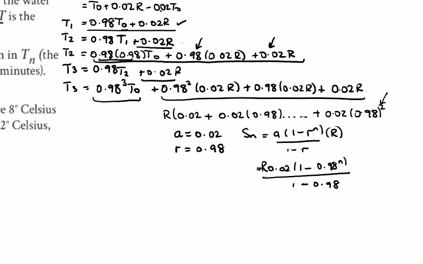Well, that's 0.02, so those two will cancel, and then we just have R times the bracket, R times 1 minus 0.98 to the power of n.